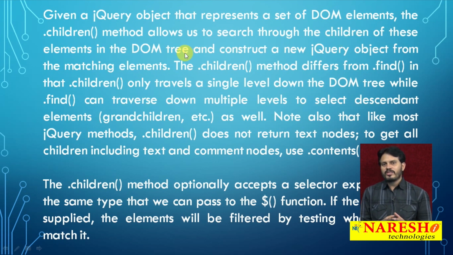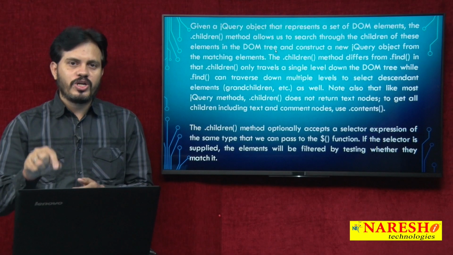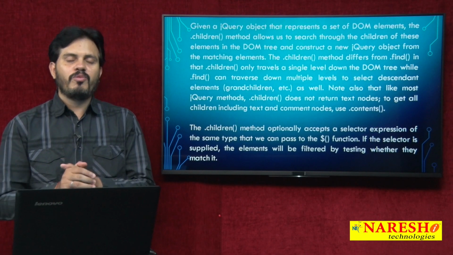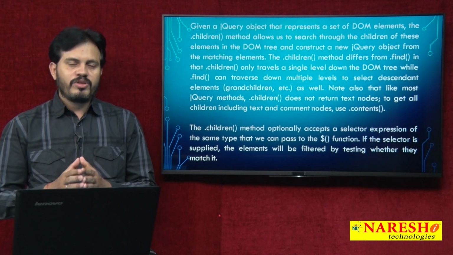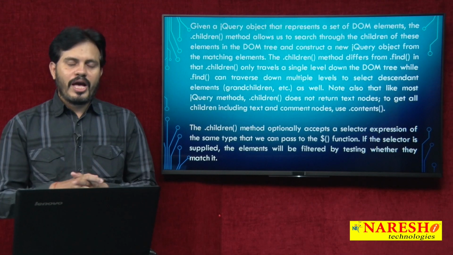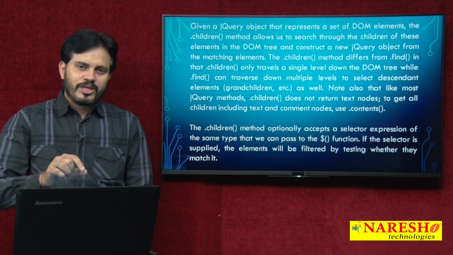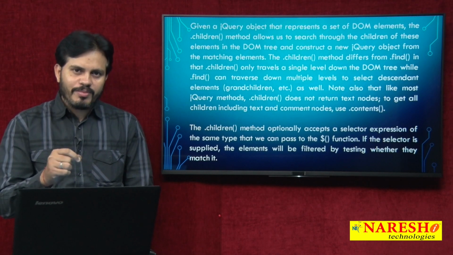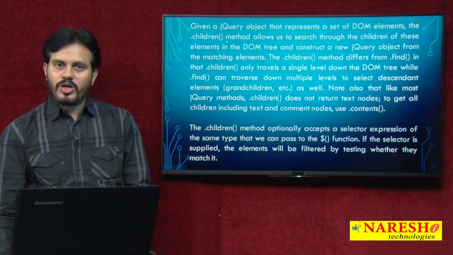First you write $ of selector dot children. First of all we write $ of selector, which gives one jQuery object with the set of elements from your DOM tree, and it looks at the children of each element by using the children method.